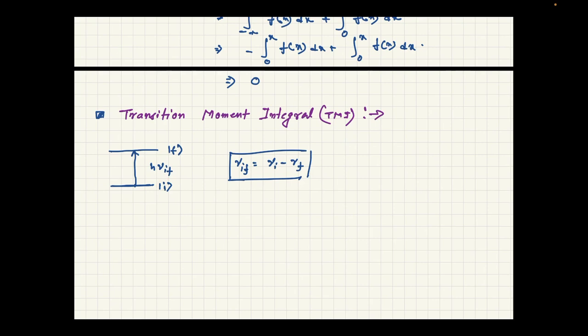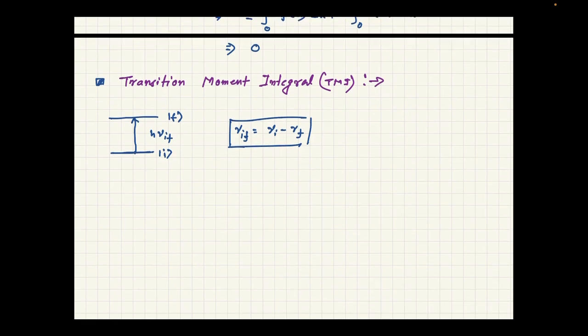Now, to have a successful transition or successful absorption process, the electrical dipole moment or the vibrational dipole moment, depending upon the type of transition, like electronic transition or vibrational transition, has to couple between these two states, the initial state and the final state. Because something has to couple or mix these two states so that the molecule can jump from the initial state to the final state, right?